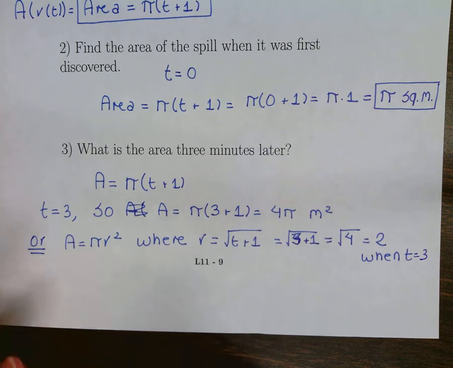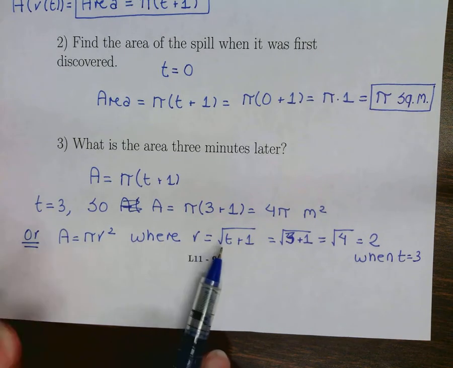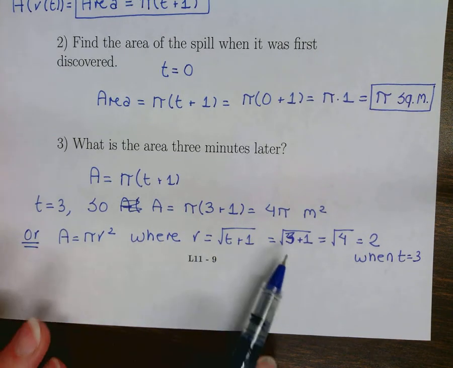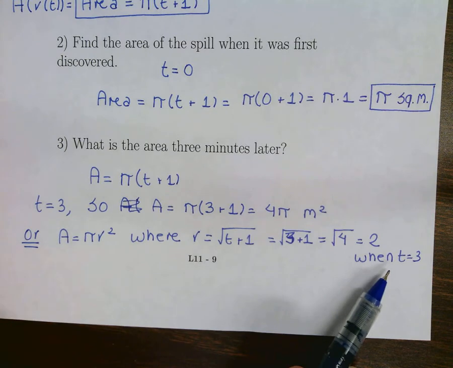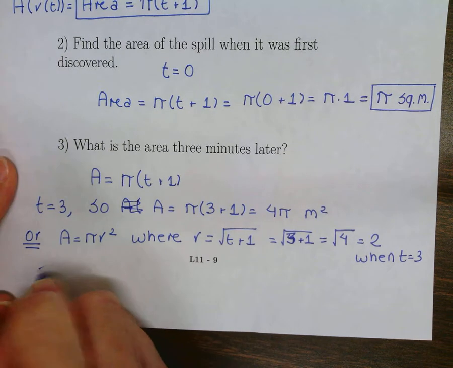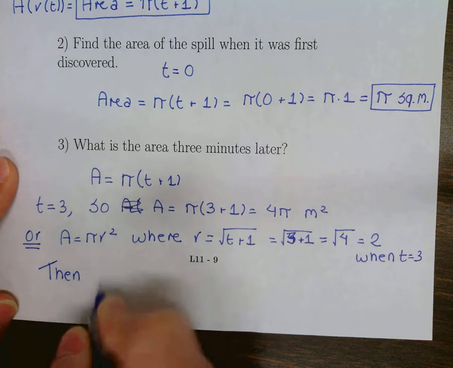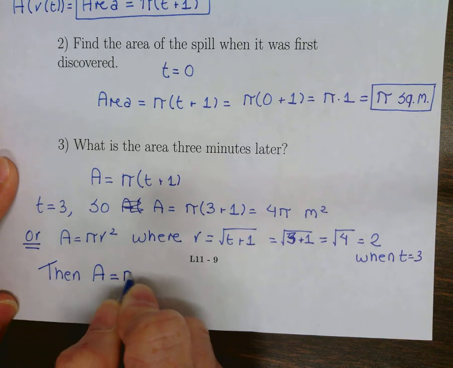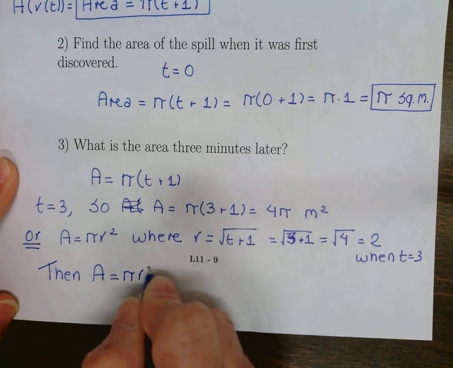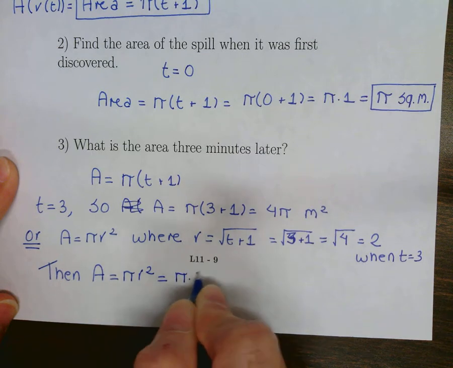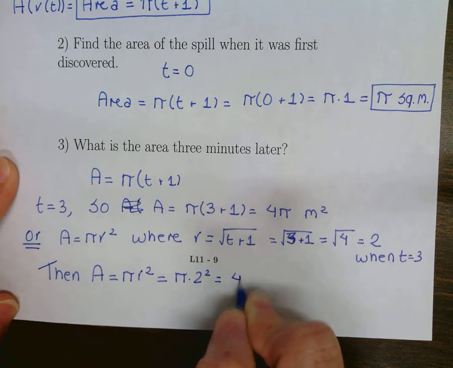It's been a long afternoon. Okay. So we could start from the beginning. R is the square root of t plus 1, where t equals 3. Okay. Then area equals pi r squared is pi times 2 squared, and you get 4 pi.